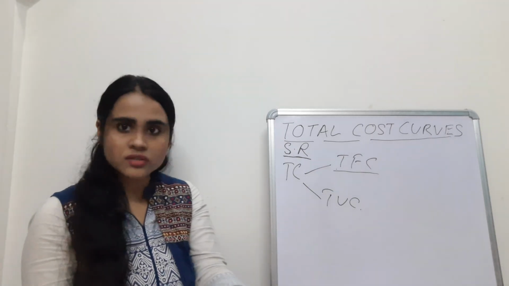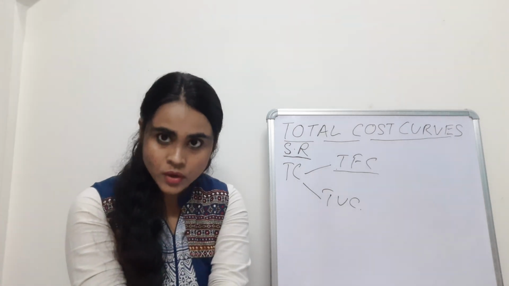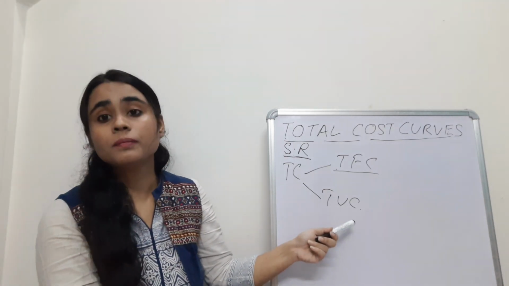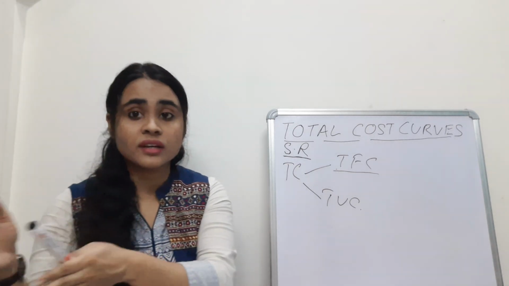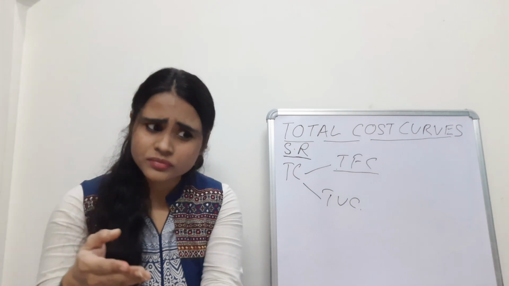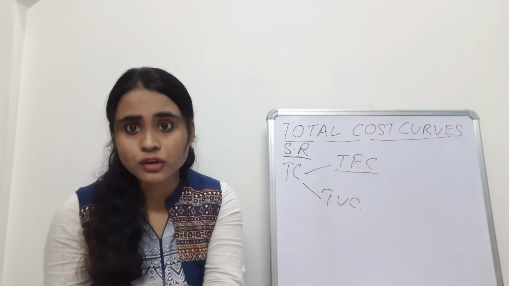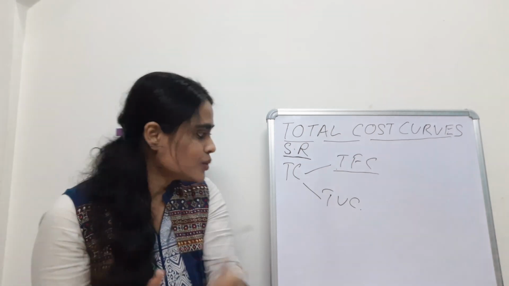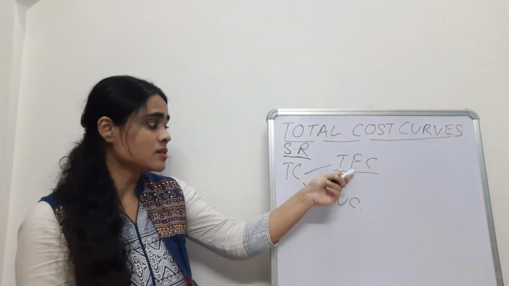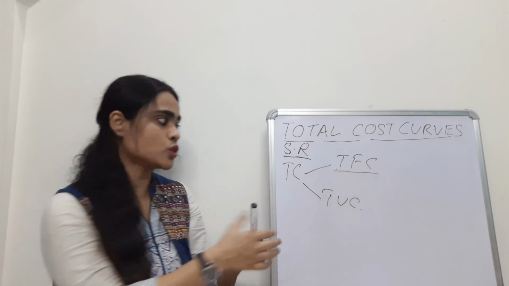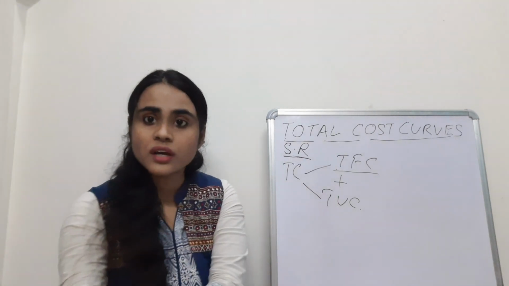Now variable cost refers to the cost incurred by the firm on using the variable inputs. Variable inputs like the temporary wage for the temporary workers, the cost of the raw materials, which keeps changing with the need of the production units. So these are the variable costs. Now what is total cost? Total cost is the sum of the total fixed cost and the total variable cost, so it includes both of the costs.